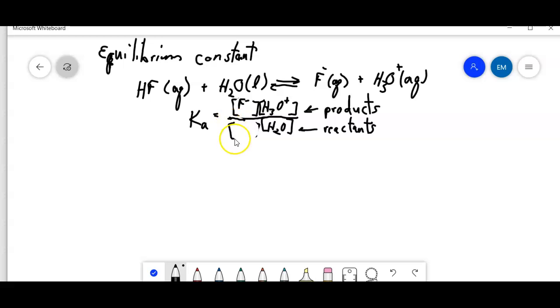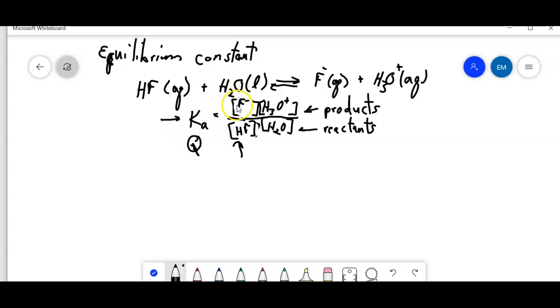Your reactants are down here. This gets bigger, so this gets smaller. Let's not call this Ka, let's just say Q. This is no longer K sub A. This is now some quotient which is smaller than K sub A.